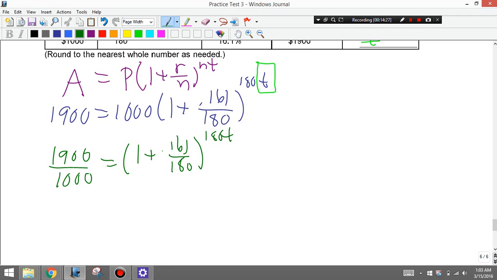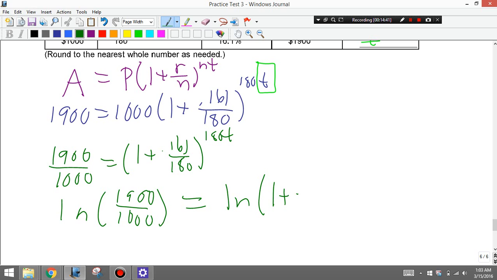Okay, and so then this is equal to, so then you take the natural log on both sides. You bring the power in front.